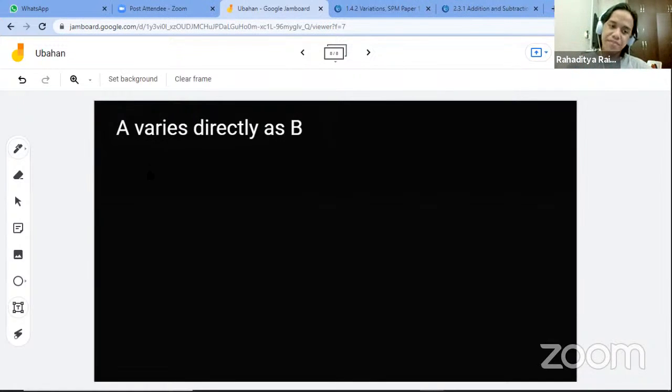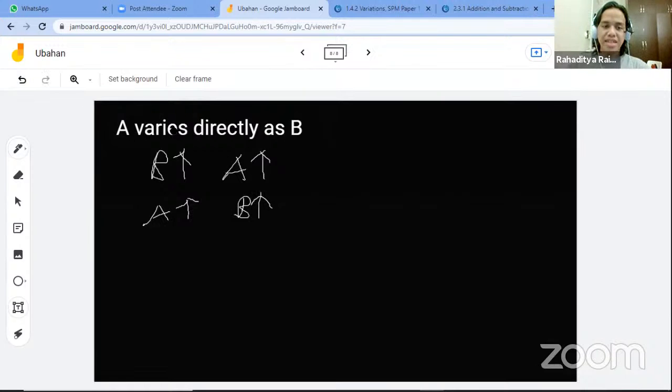For example, let's say B increases, A will also increase. If A increases, B will also increase, as an example. So let's try to take a real example for this.